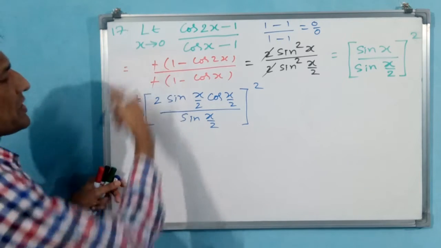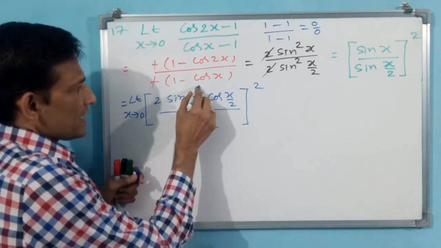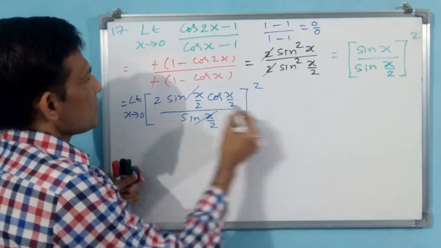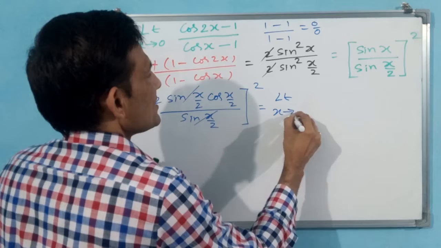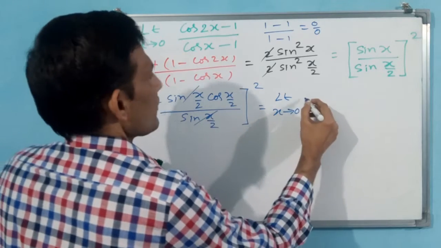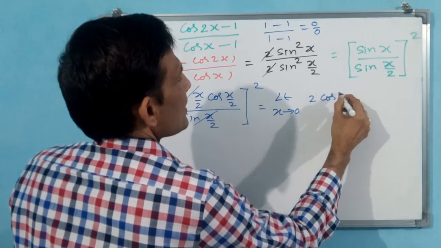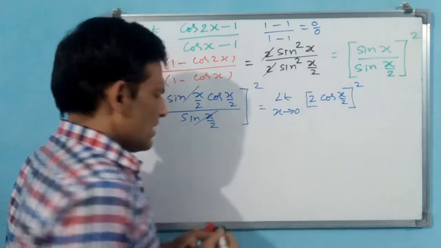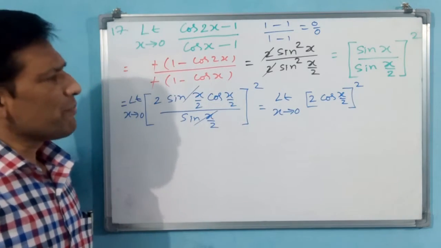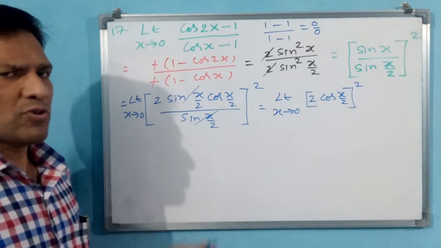You see, sin x by 2 cancels out. That is equal to limit x tends to 0, 2 cos x by 2 whole square. Now I feel you can directly apply the limit, because now 0 doesn't come here.